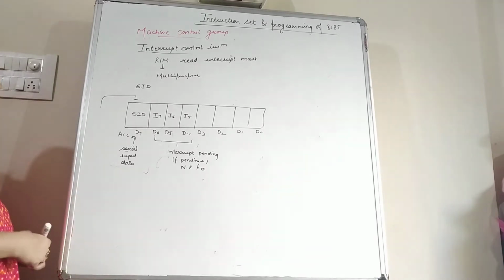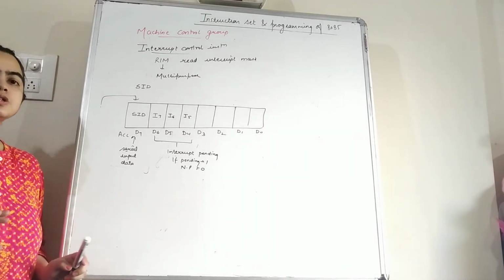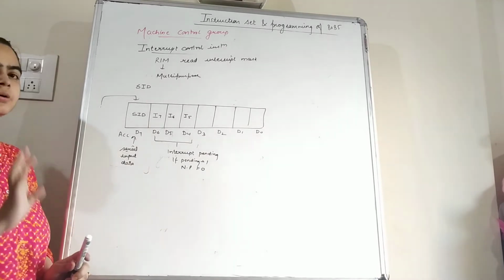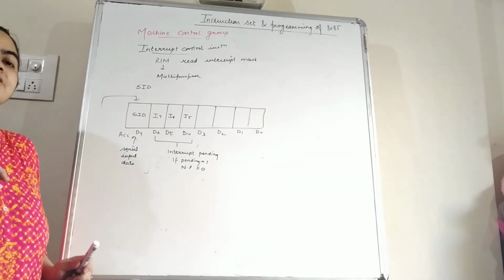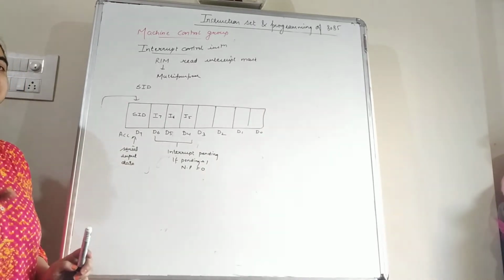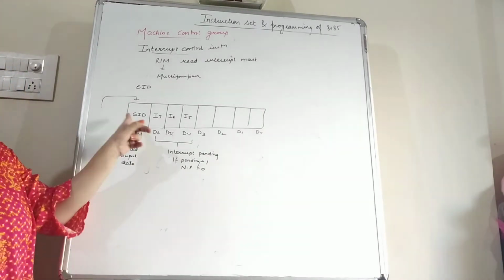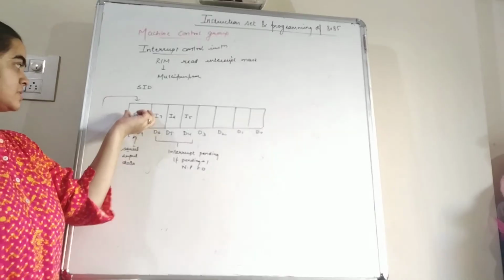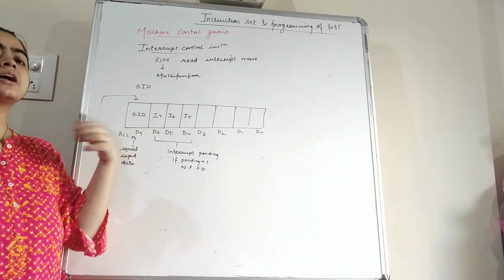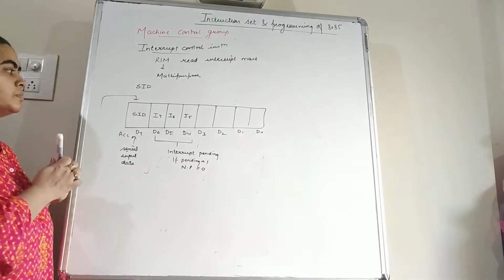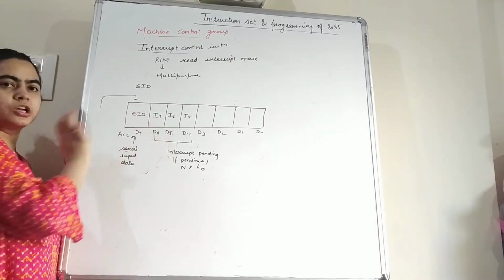If the peripheral device wants to send 8-bit data to the microprocessor, it can send 1 bit at a time into the D7 bit, and after that the second bit will be sent by the peripheral device at this location only.